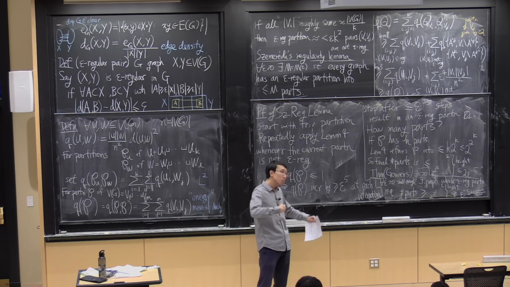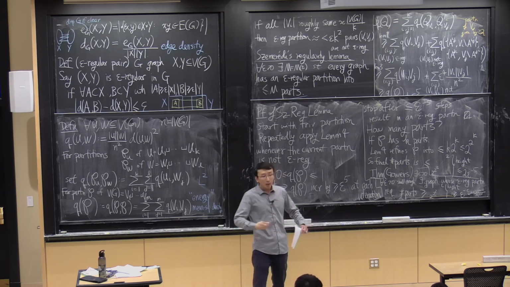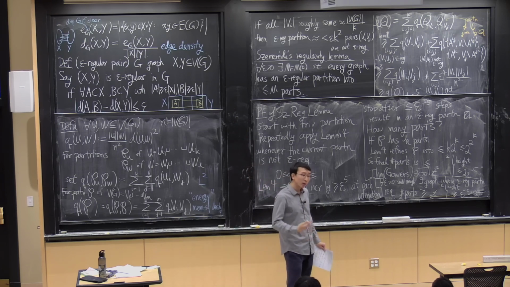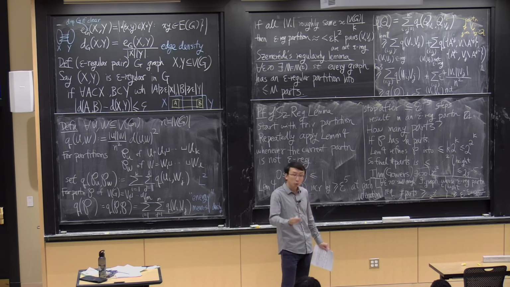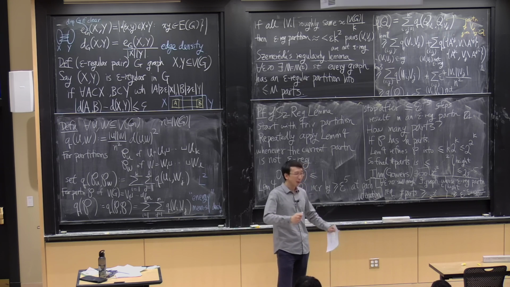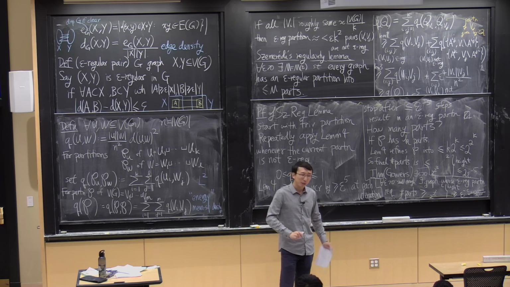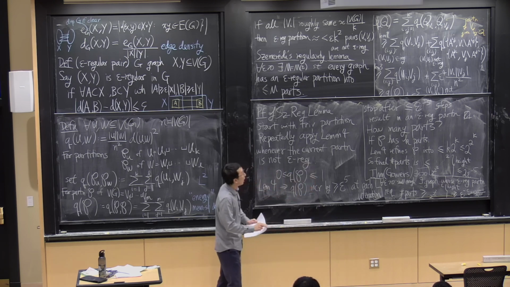So there is a lot of interest in combinatorics, once you see a proof that first uses this technique, to ask, can it be proved using some other technique? In fact, Szemerédi himself has worked a lot in that direction, trying to get rid of the uses of his lemma. Okay. Any questions?